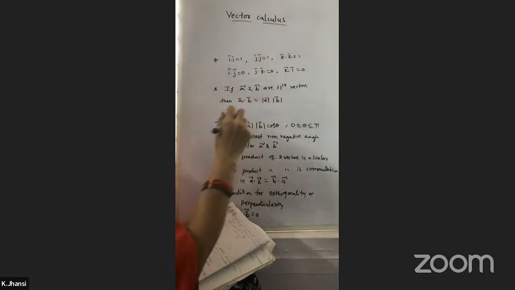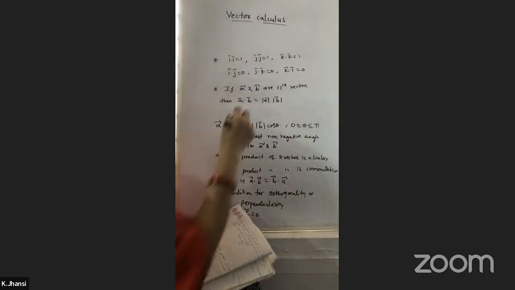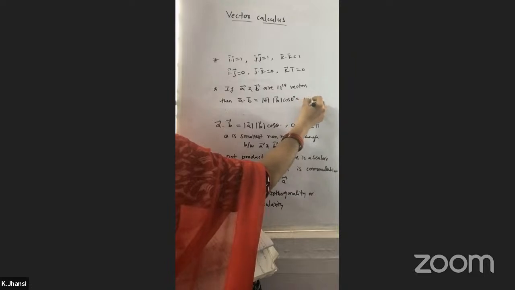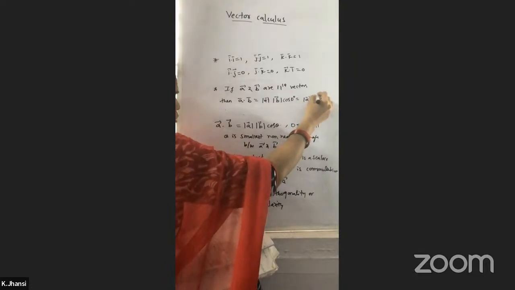Two parallel vectors means here theta will be 0 degrees. Cos 0 degrees is 1, so it is equal to mod A mod B.